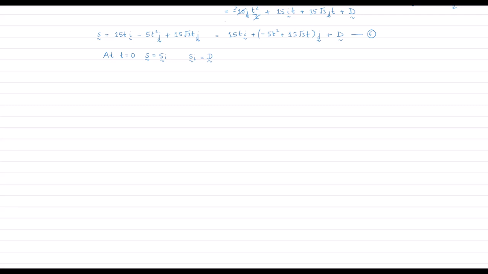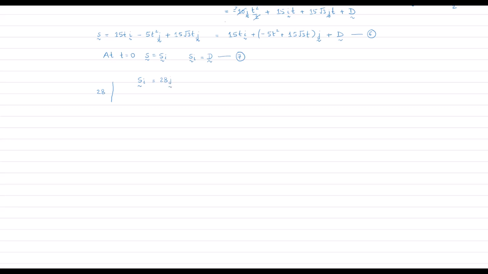And is that given to us? Let's see. So maybe I call it as 7. Yeah. And in the question, it is given that the rocket is fired from a height of 28 meters above the ground. So how can you write the initial displacement? I can write it like this. There is no i component over there, so it will be simply 28j.